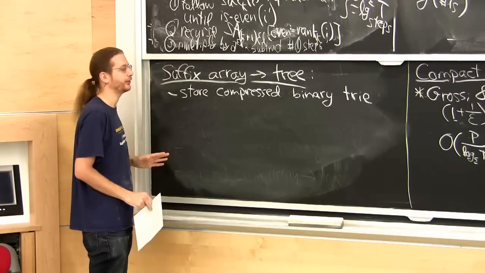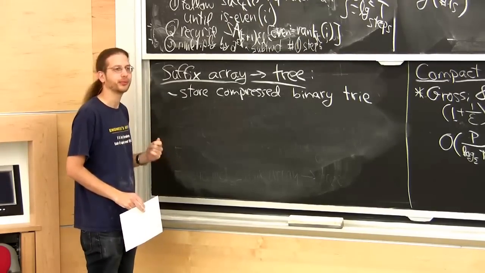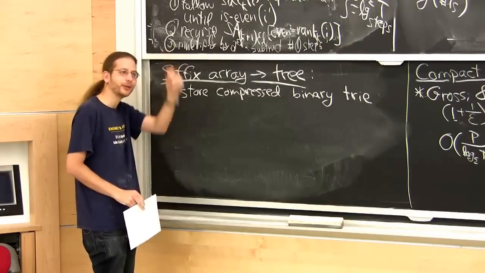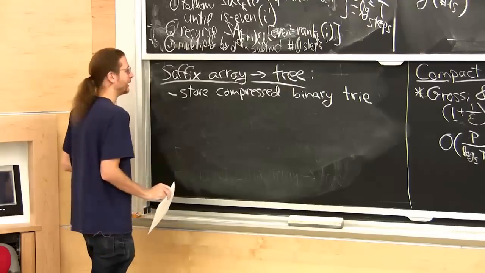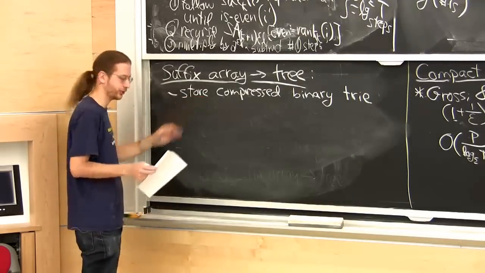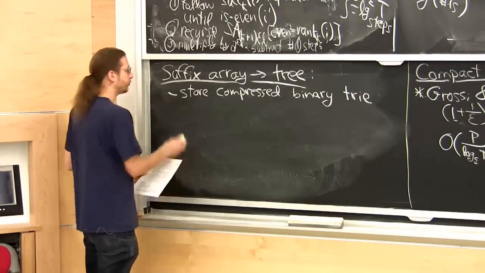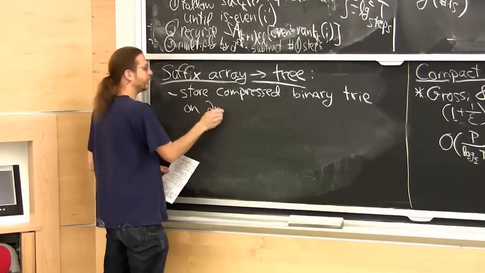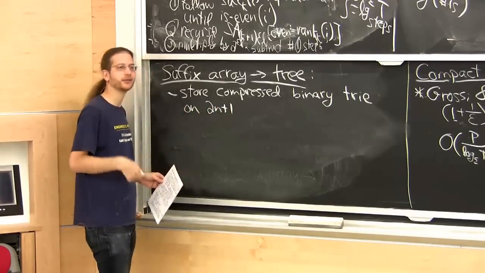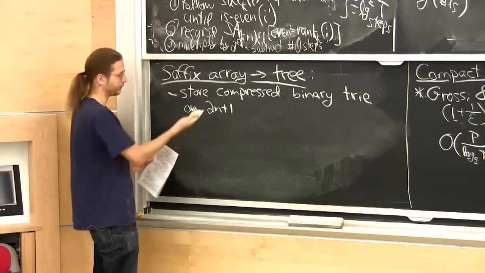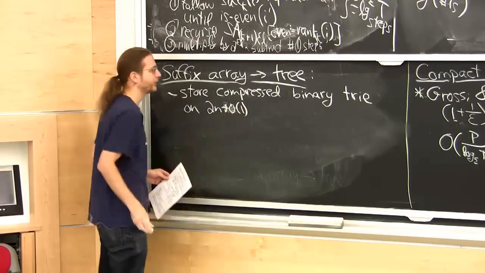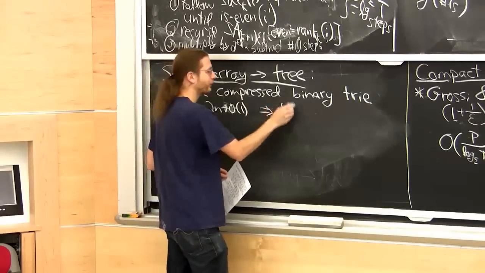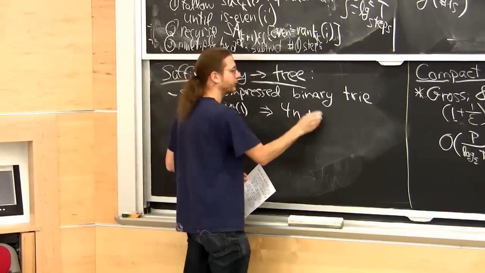Or as Ian likes to call it, skip the skips. The length of an edge is how many bits you're supposed to skip. So skip those. Just store the trie structure. So the trie structure is on 2n plus 1 nodes, because there are n leaves and n minus 1 internal nodes. Claim is plus 1. I don't know. 2n plus a constant nodes. So this is 4n bits.